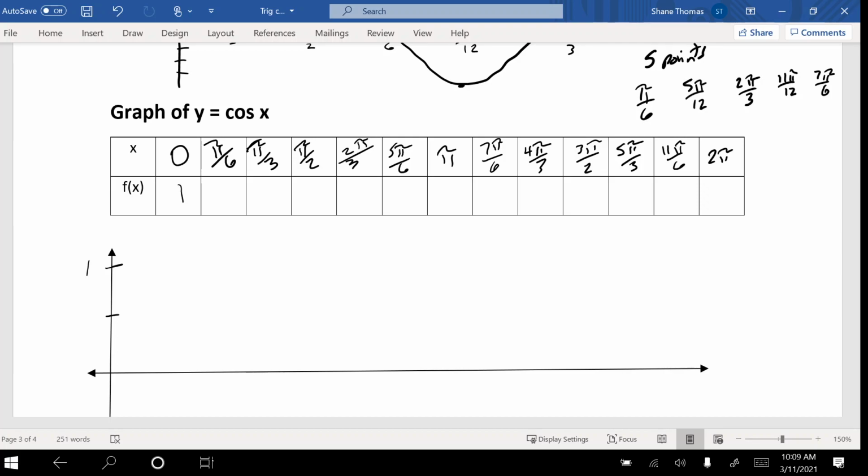Then root 3 over 2, basically the same points as before, 1/2, 0, negative 1/2, negative root 3 over 2. Pi is negative 1, then negative root 3 over 2, negative 1/2, 0, 1/2, root 3 over 2, and 1.